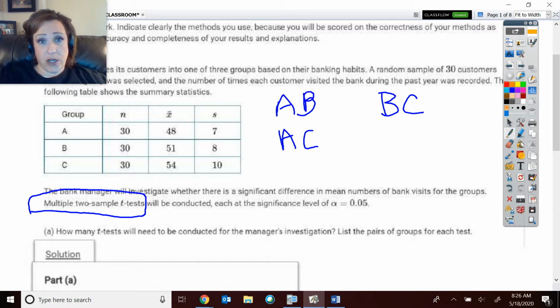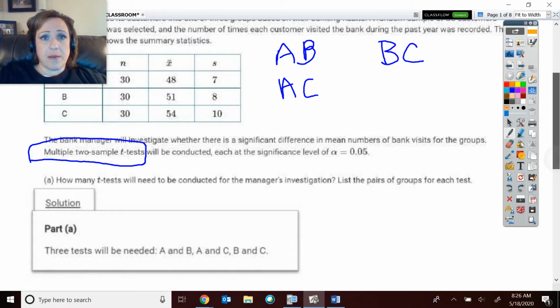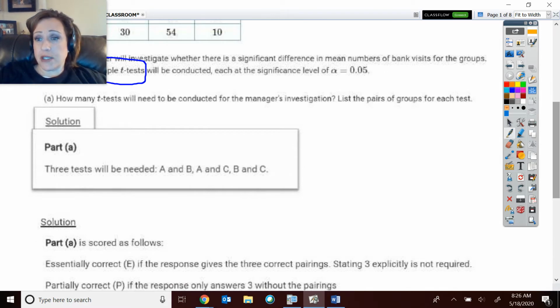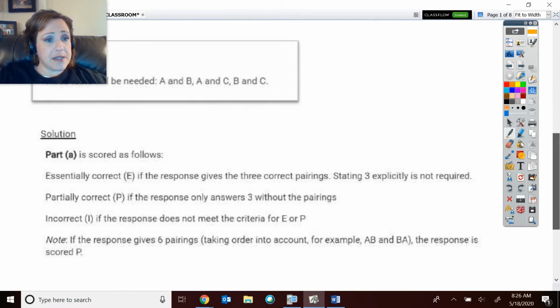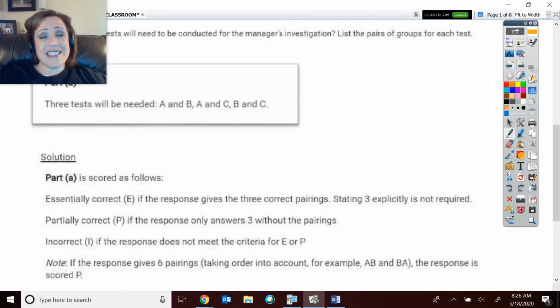Because for means, we do not have a way to compare multiple means. Now in Unit 8, we do chi-squared, which is for multiple proportions, but we don't have multiple means. So there you go. You did not actually have to say 3, but you did have to list out all of those 3 different pairs that you would be comparing.